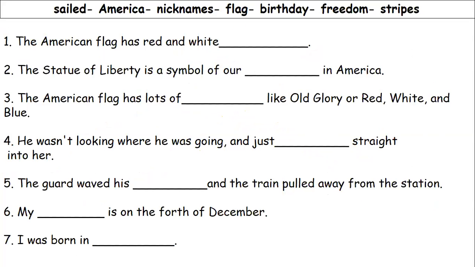Okay, now let's do this exercise about the vocabs. Number 1, the American flag has red and white. You have sailed, America, nicknames, flag, birthday, freedom, and stripes. Great job. Stripes.